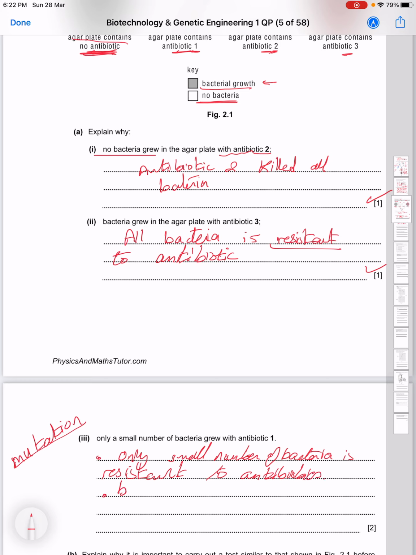So I would say because their genes have been mutated. Mutated means change. The genes have been changed, giving more favorable characteristics to this bacteria, so that this resistant bacteria can grow and reproduce. Okay?